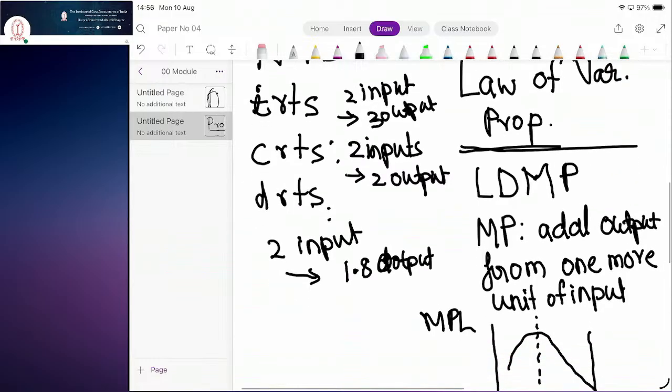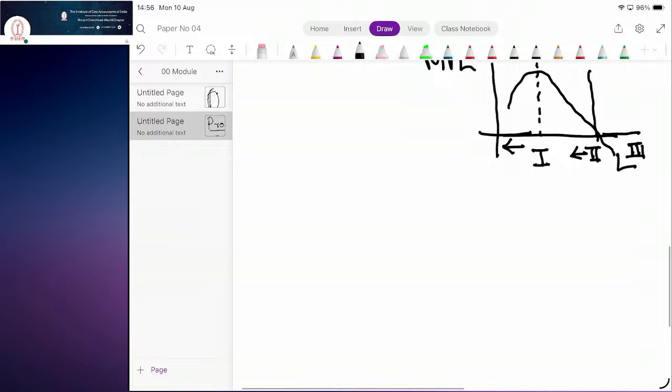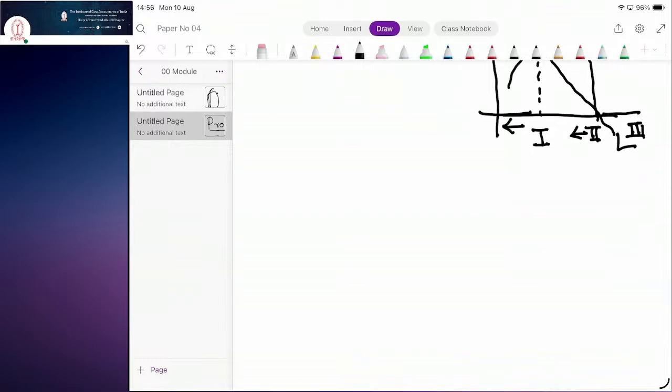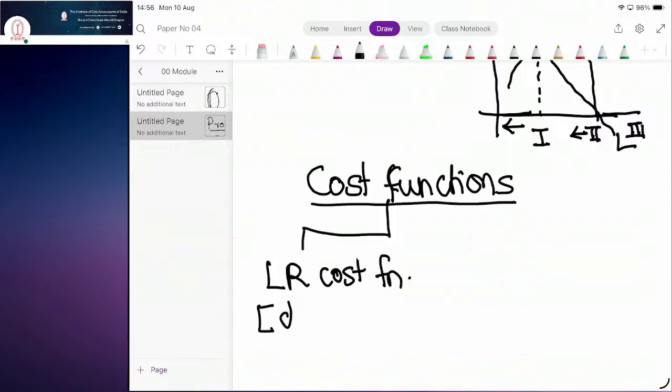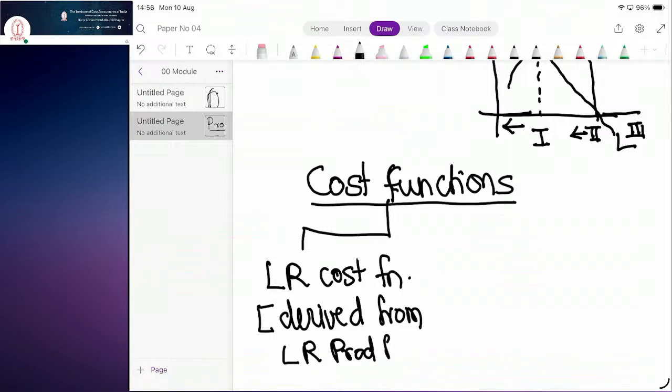So this is the long run production function and this is the short run production function. We use these production functions to derive cost functions. Just like we have a long run production function, we have a long run cost function, which is derived from the long run production function.